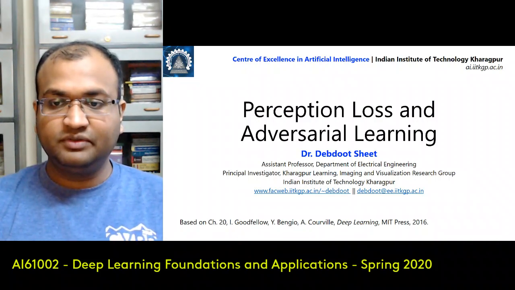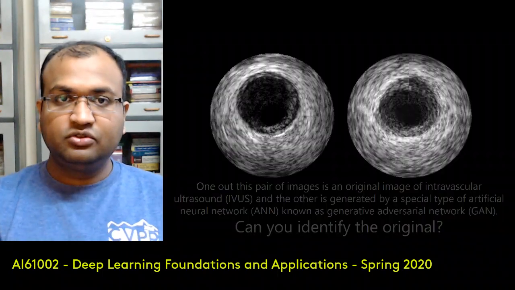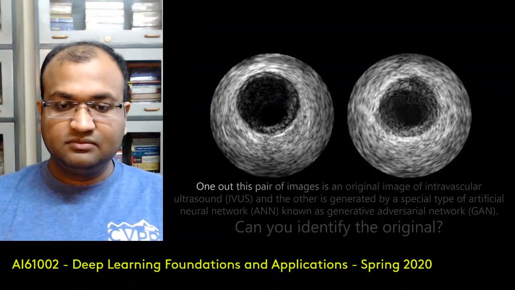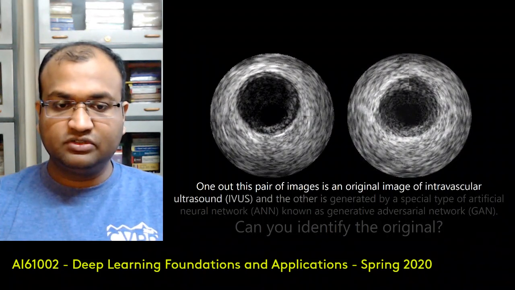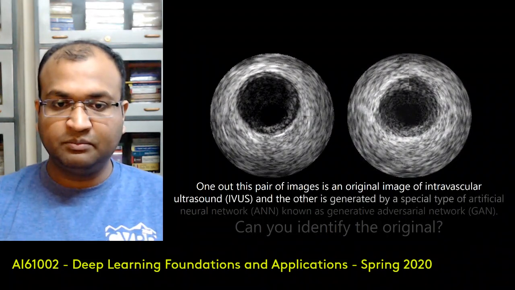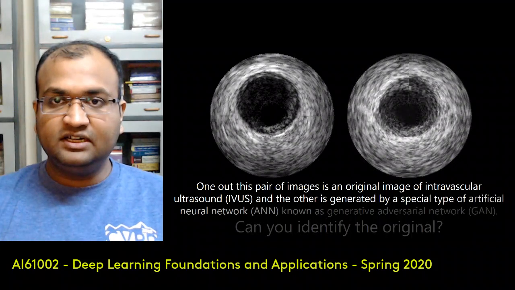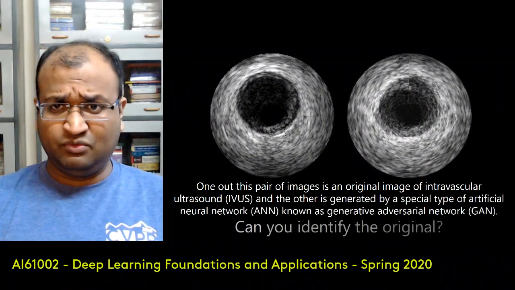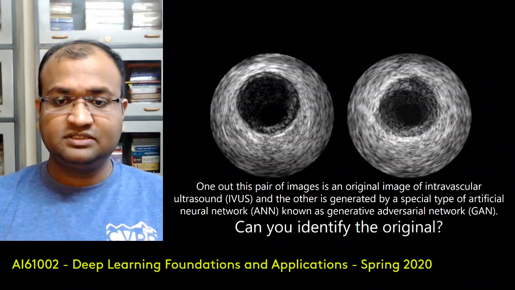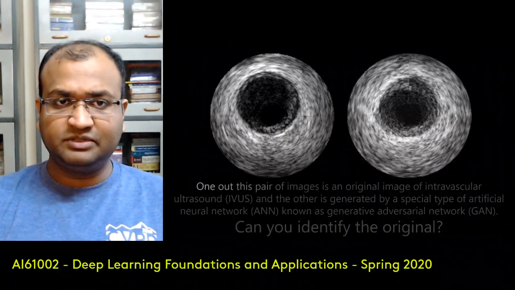So this is what we call a perception loss. If I throw you this question over here, you can read through it. Essentially what you have is a pair of images, and one in this pair is a real image, the other one is a generated image.